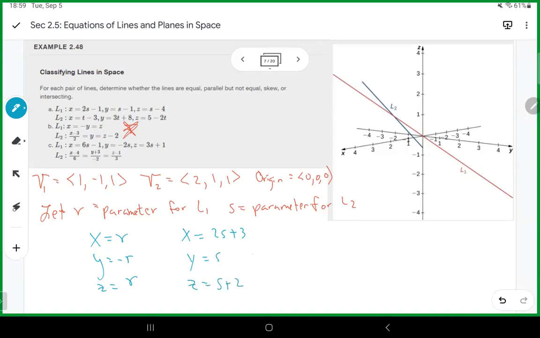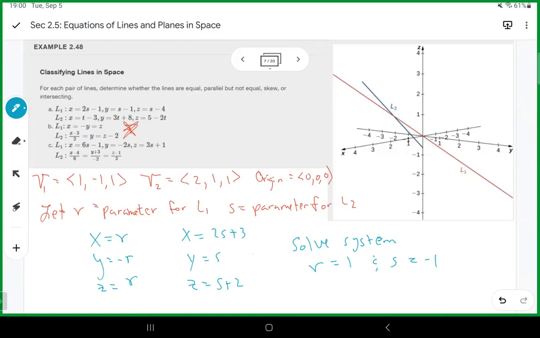Okay, so when you solve that system of equations, you end up finding that R is equal to 1 and S is equal to -1.